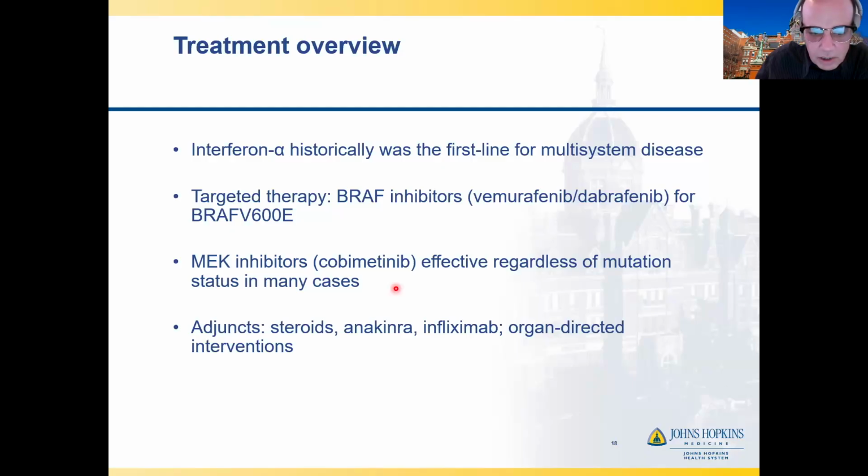It works in all cases, and really I have a great experience and efficacy with this drug. It's really a lifesaver. You can still use other interventions, but I can tell you that for the majority of patients, BRAF inhibitors and MEK inhibitors have been really very successful.